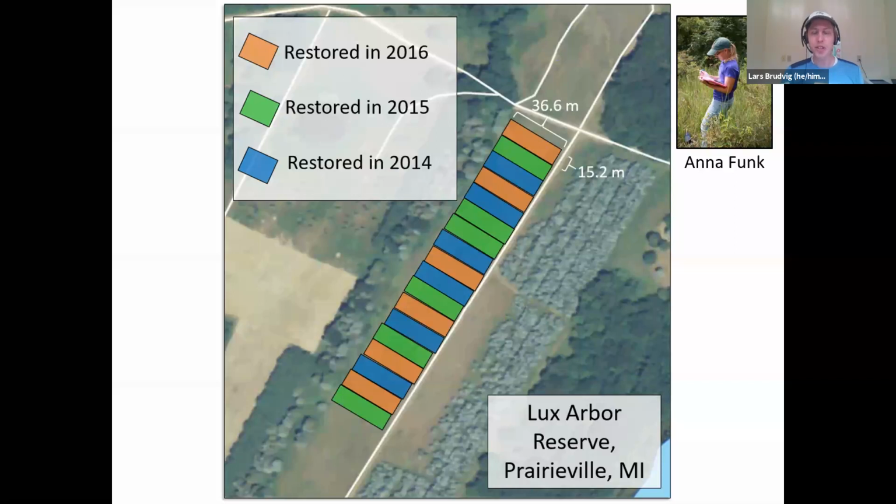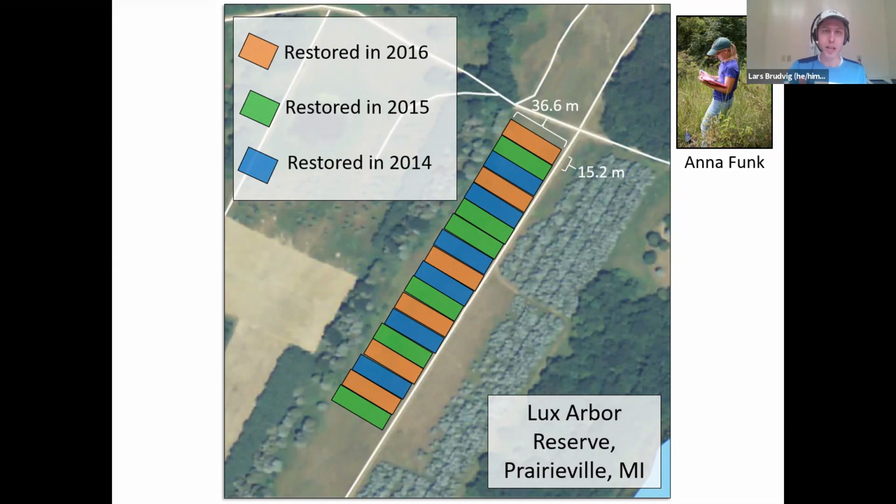What she did then was repeat exactly the same reconstruction process in 3 different starting years, where the plots were randomly assigned 6 replicates each to being planted in 2014, 2015, or 2016.